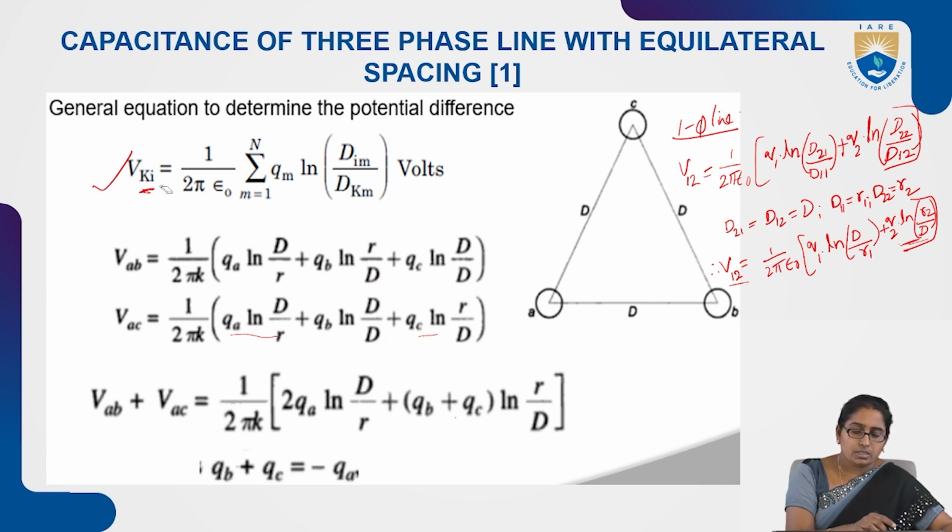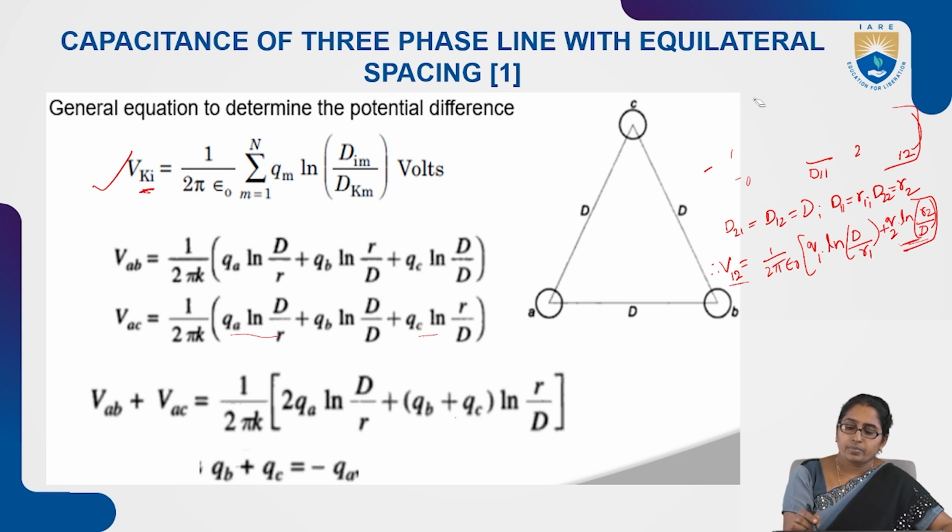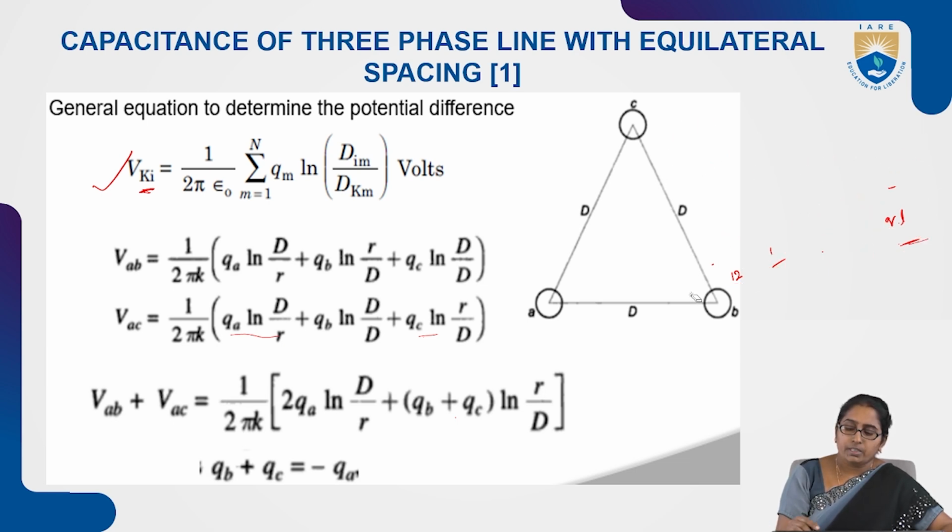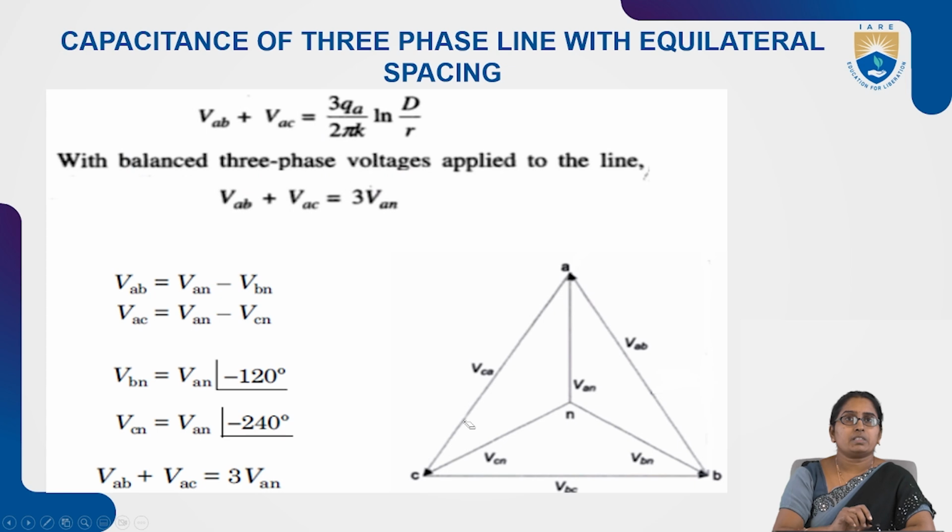So this is the expression for the sum of VAB and VAC. In the next step we substitute QB plus QC is equal to minus QA.